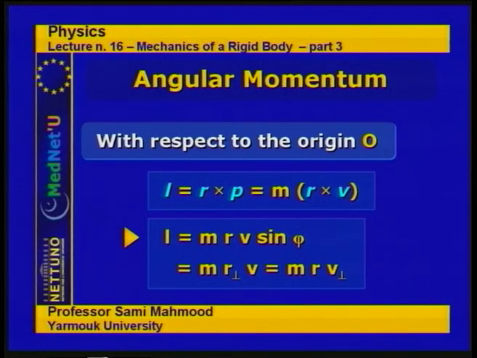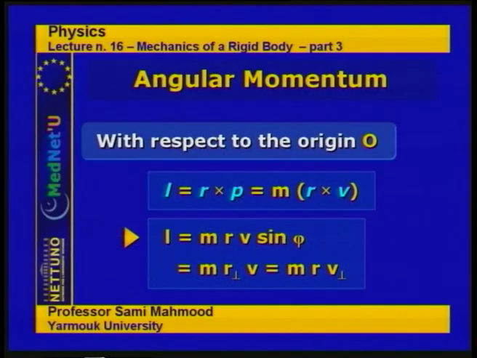This can be rewritten in two alternative forms: m times r perpendicular times v. So either we take mv and the component of the position that is perpendicular to the velocity, or we take mr v perpendicular, meaning we take m times the magnitude of the position vector, but the perpendicular component of the velocity to that position vector.